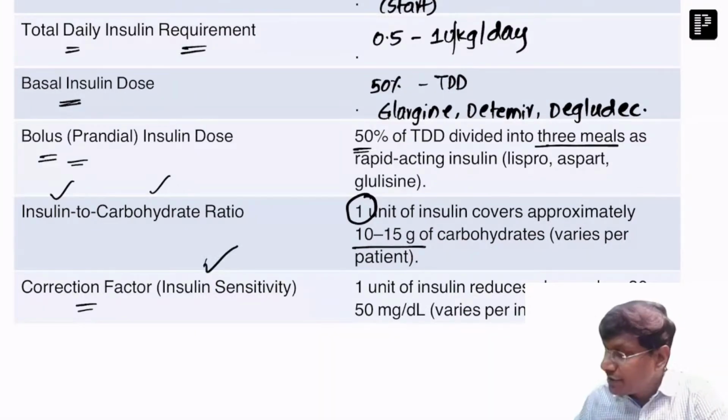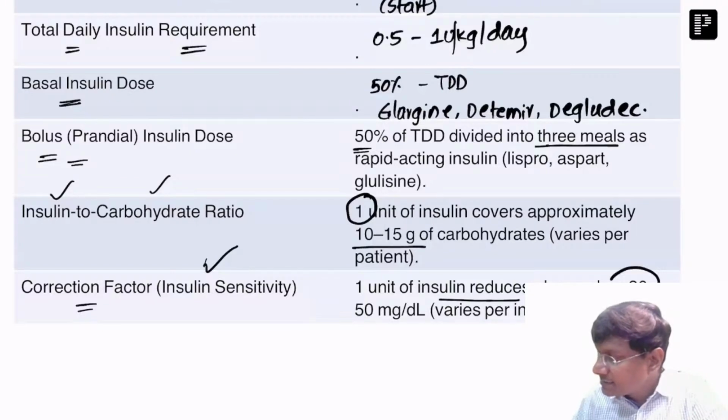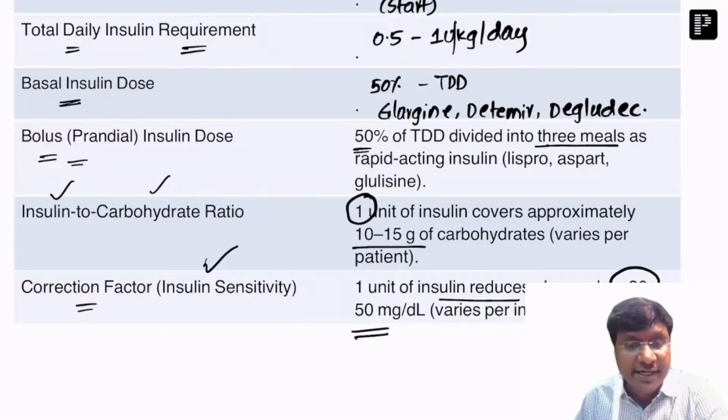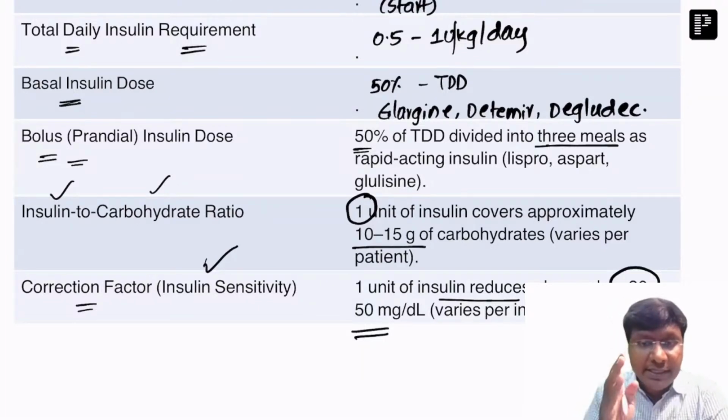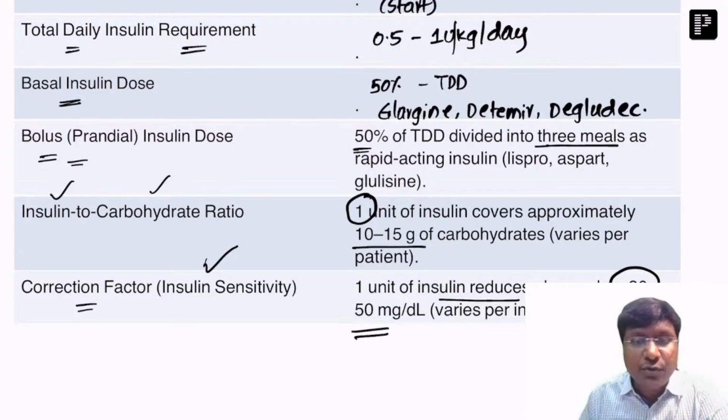That is, 1 unit of insulin reduces the glucose by 30 to 50 milligrams per deciliter. That is the correction factor. So for the insulin to carbohydrate ratio, 1 unit should be given for 10 to 15 grams of carbohydrate the patient is taking. But for the correction factor, 1 unit of insulin reduces the glucose by 30 to 50 milligrams per deciliter, and it all depends upon the insulin sensitivity of the patient.